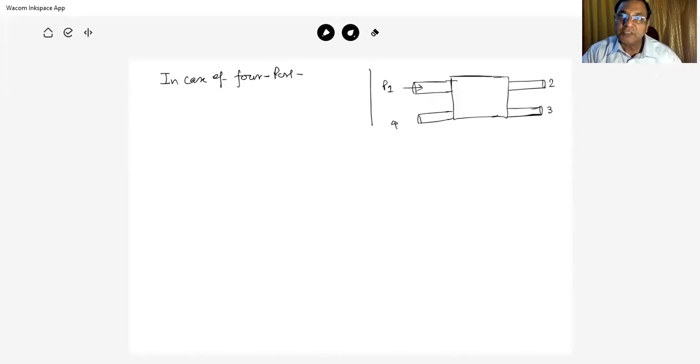So what can be the possibility? This power is transferred from here to this point. From the port, this power is transferred to this, and this power is transferred to this. And we can again have the same power transferred here and here in this way.